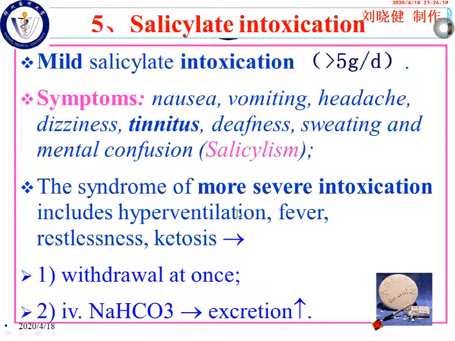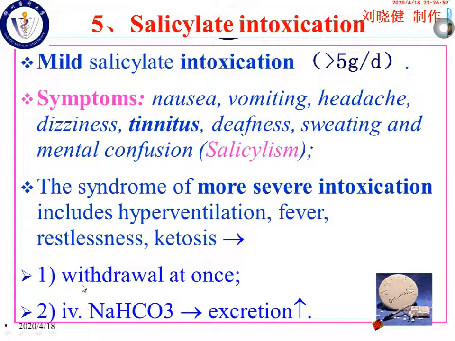The symptoms of more severe intoxication include hyperventilation, fever, restlessness, even ketosis. Once the patients have these symptoms, it often warns you there is a salicylate intoxication. So try to take some measure to rescue the patient's life. First one is withdraw at once.